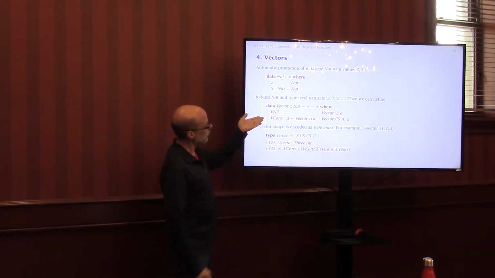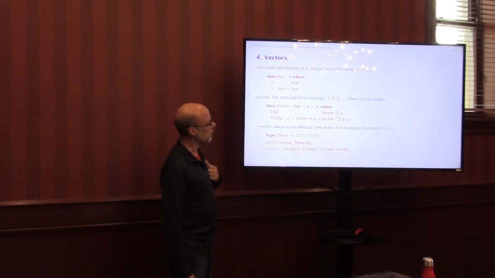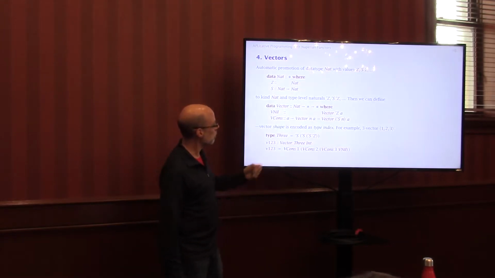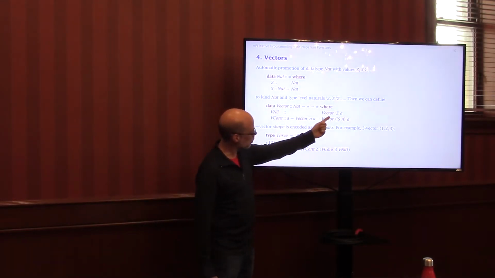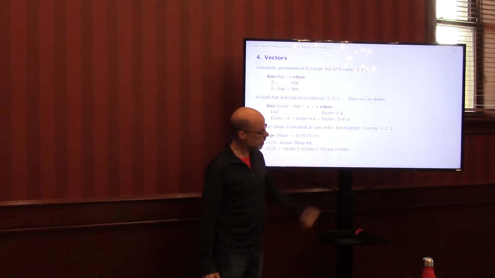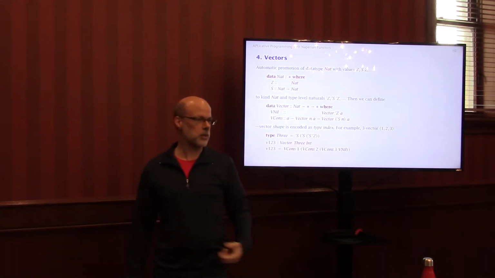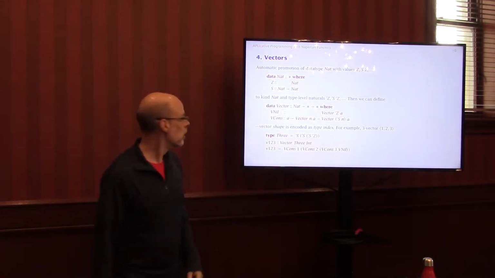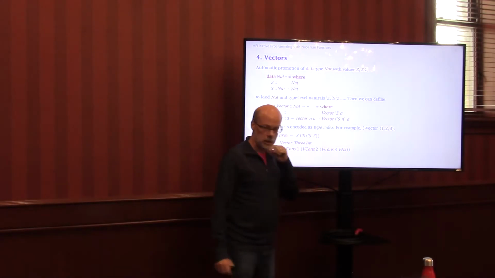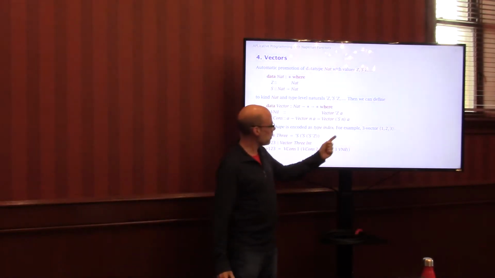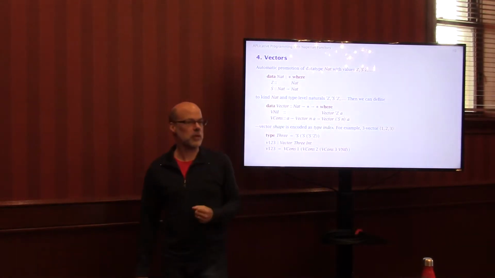And this allows you to define vectors, length indexed vectors, as a Haskell type. So these are vectors where there's an element type, so it can be vectors of integers, vectors of characters, vectors of booleans, and so on, but also a size. So that you can have vectors of length 0, vectors of length successor of n for some n.